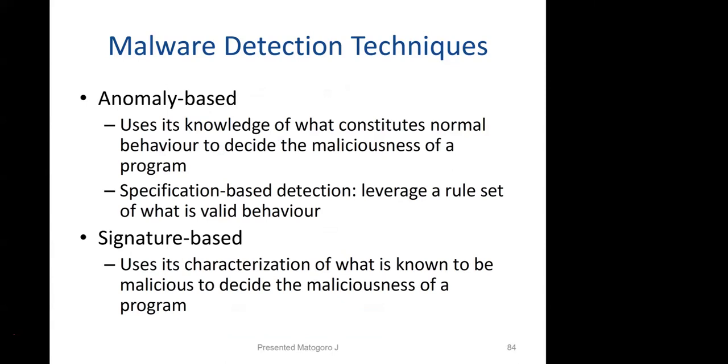It is a specification-based detection, leveraging a rule set of what is valid behavior, whereas signature-based uses the characterization of what is known to be malicious to decide the maliciousness of the program. Good, thank you.